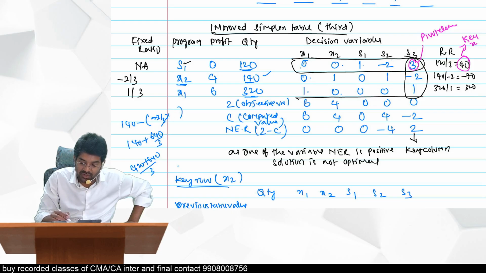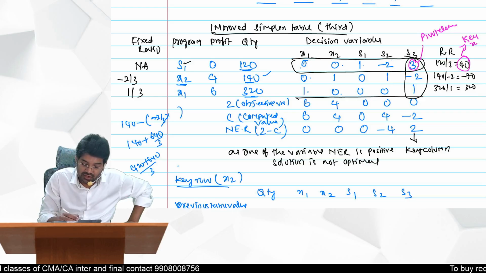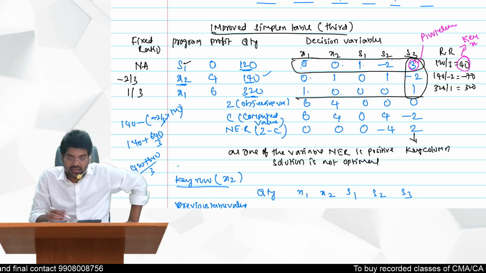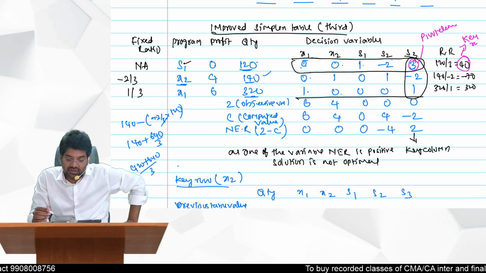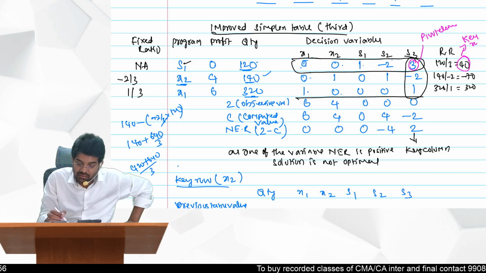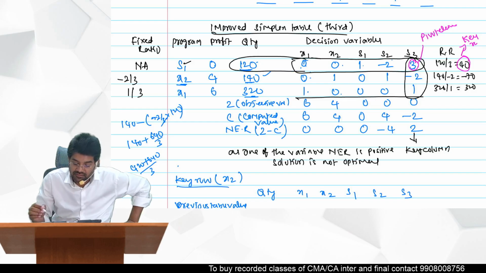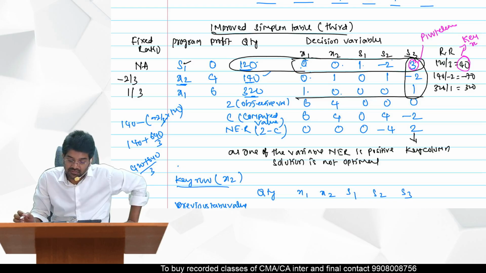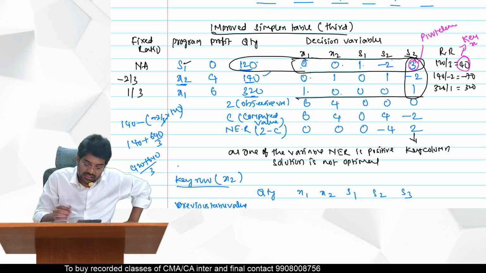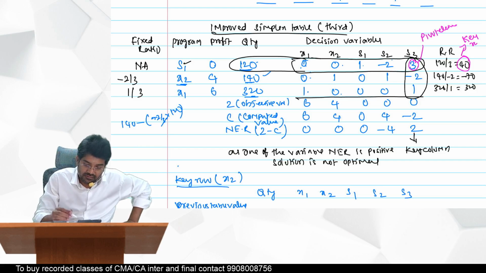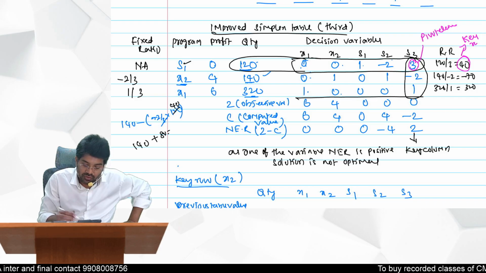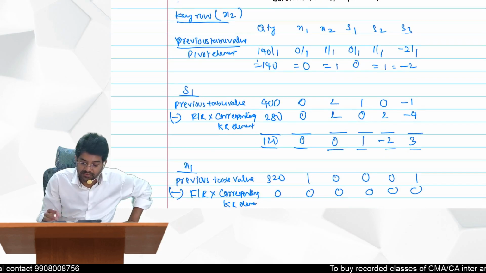The corresponding key row element is 120. So minus 2 by 3 into 120. That is the reason we should always draw up to the key row quantity. So minus 2 by 3 into 120 is minus 80; 140 minus into minus becomes plus 40 into 2, 80. So 220, correct.